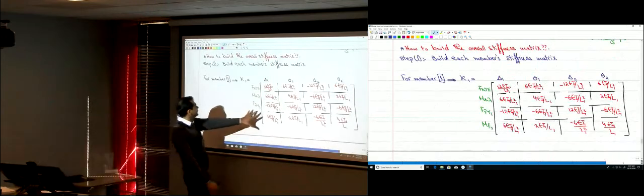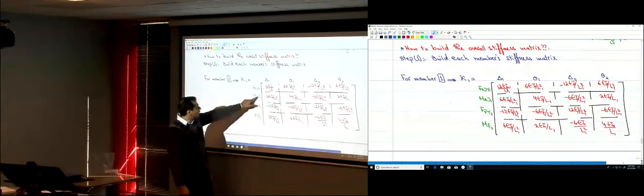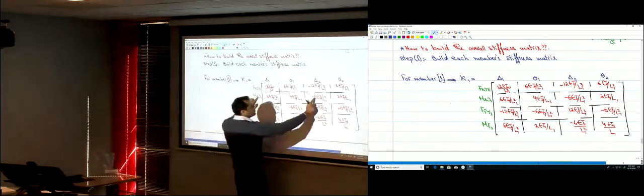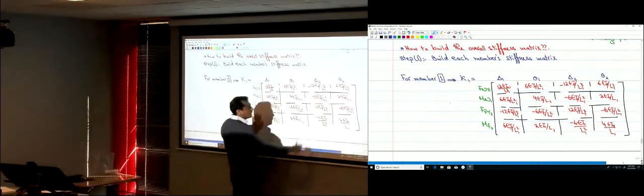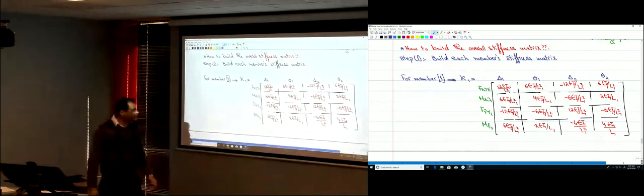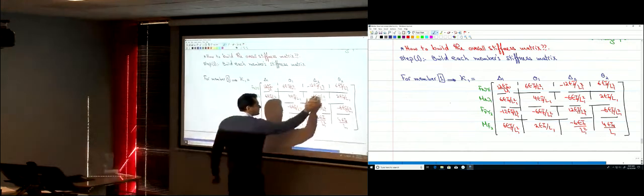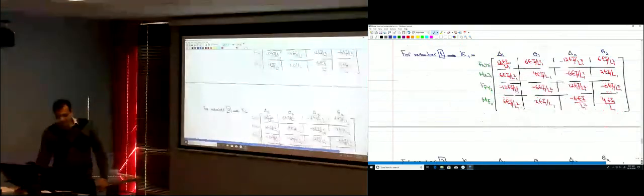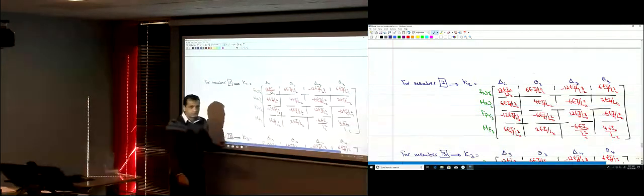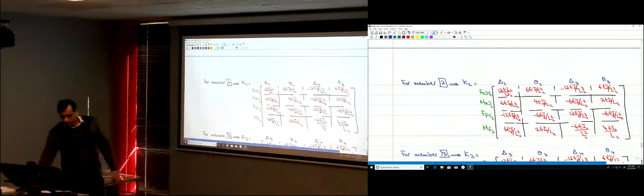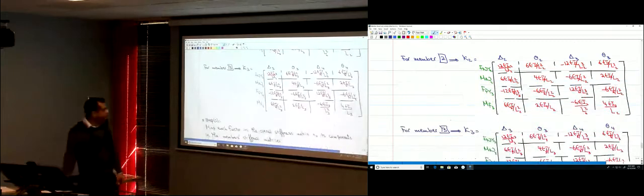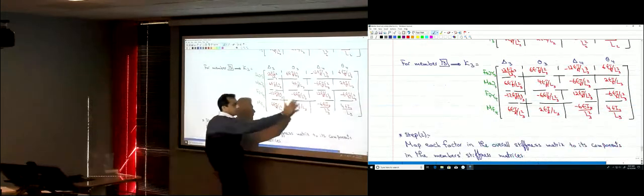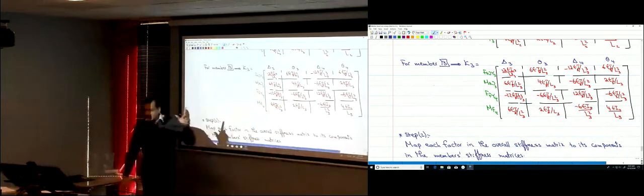We said this is M1 to delta 2. Is there a contribution here from the first matrix? M1 to delta 2. Yes. So K23 is equal to that element plus what contribution I get from the second element stiffness matrix. Is there M1 and delta 2 related together here? Is there M1 here? No. So there is no contribution from the second stiffness matrix. Is there M1 and delta 2 here? No. So it's just that element.